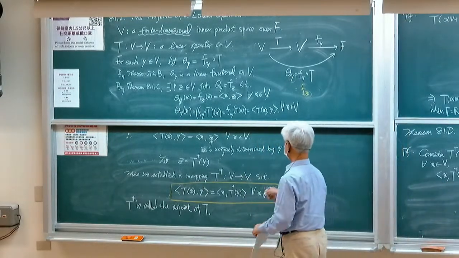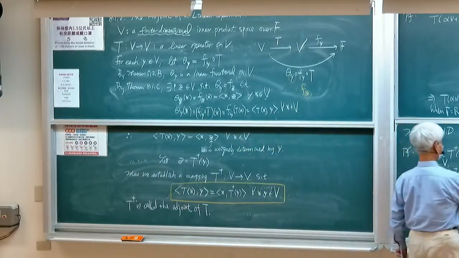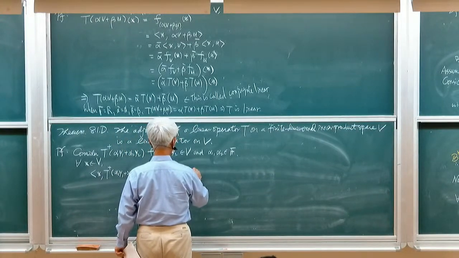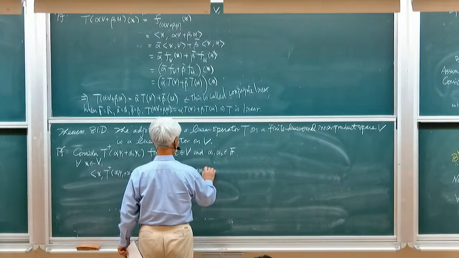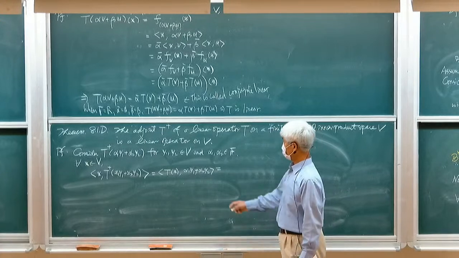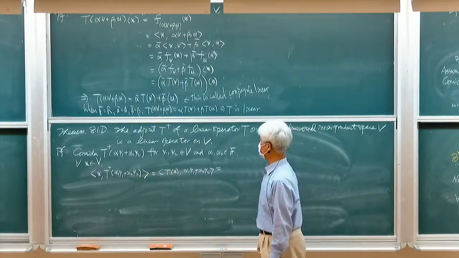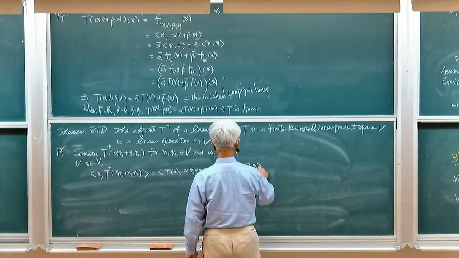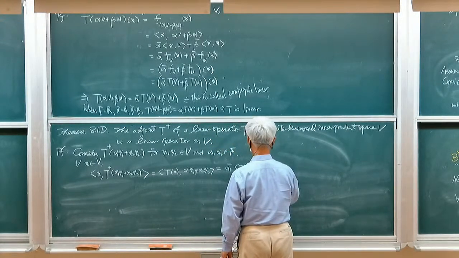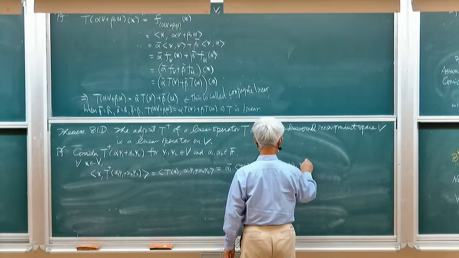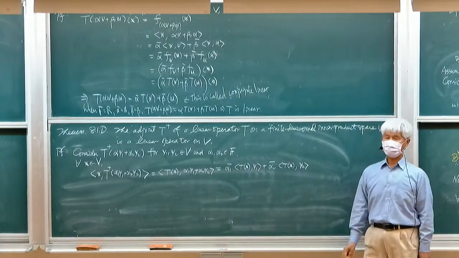So by the functional relationship here, this is equal to ⟨Tx, alpha 1 y1 plus alpha 2 y2⟩ here. Okay, and for the second argument, inner product has conjugate linearity. So we have alpha 1 bar ⟨Tx, y1⟩ plus alpha 2 bar ⟨Tx, y2⟩ here. We have that.